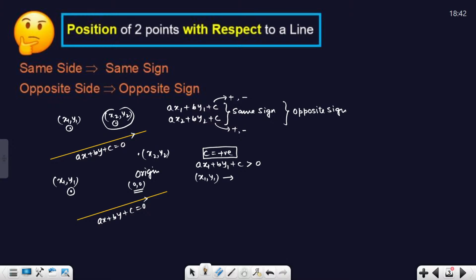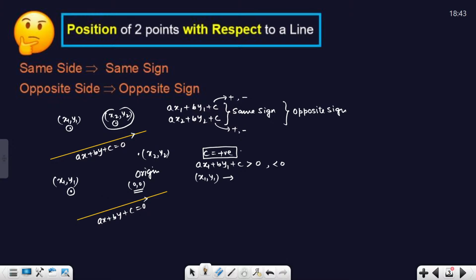That is, this point is lying on that side which contains the origin. Is it clear? But if you find that C is positive, but this expression is less than 0, then we will say that this point is lying on the opposite side from the one which contains the origin.